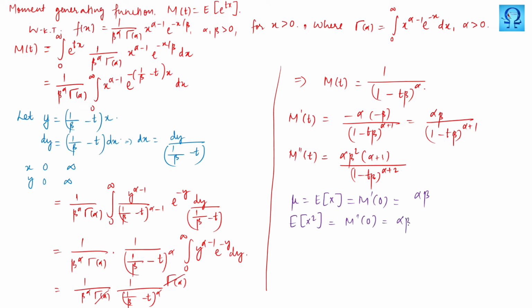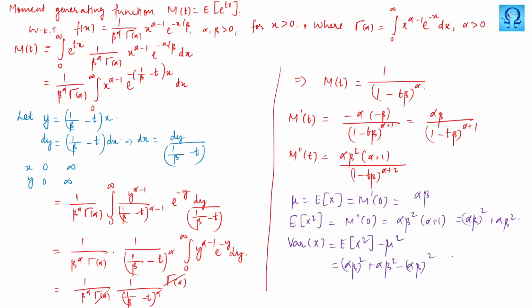So we will get alpha beta square alpha plus 1 upon 1. So this shall be written as alpha beta whole square plus alpha beta square. Our variance of x is expectation of x square minus mu square, which is alpha beta whole square plus alpha beta square minus alpha beta whole square, which is nothing but alpha beta square.